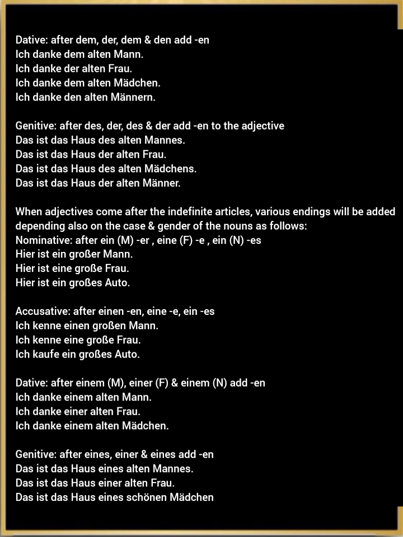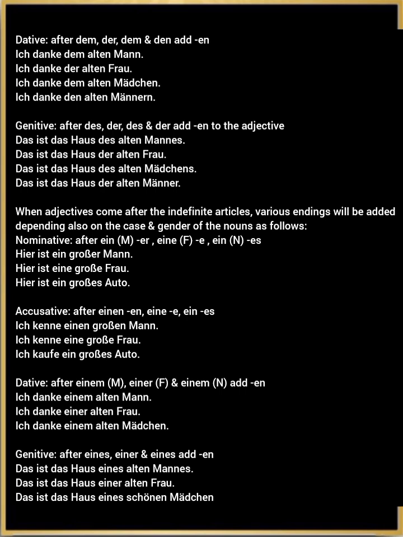In the example provided is das ist das Haus des alten Mannes. This is the house of the old man. Then I have, das ist das Haus der alten Frau.